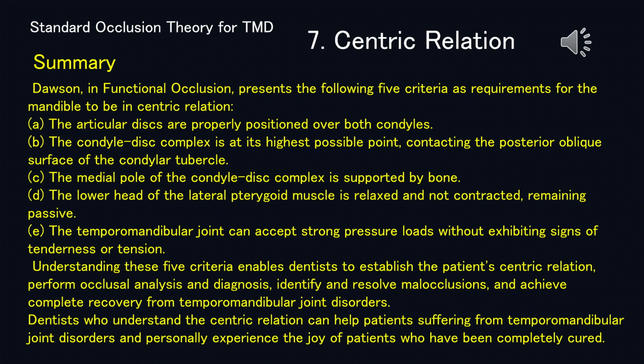C. The medial pole of the condyle disc complex is supported by bone. D. The lower head of the lateral pterygoid muscle is relaxed and not contracted, remaining passive. E. The temporomandibular joint can accept strong pressure loads without exhibiting signs of tenderness or tension.